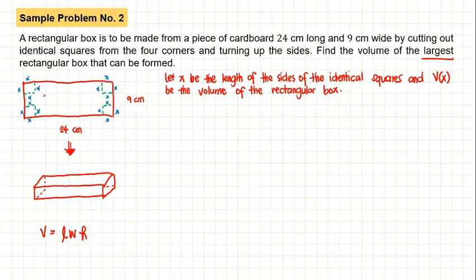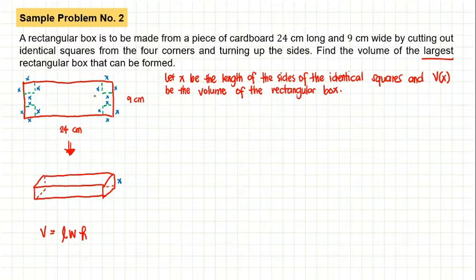Now, if we turn up the sides of this cutout cardboard, what will happen is that this part here will be the height of our box. And since the length of that height is x, this one here is also x. So our height is x.